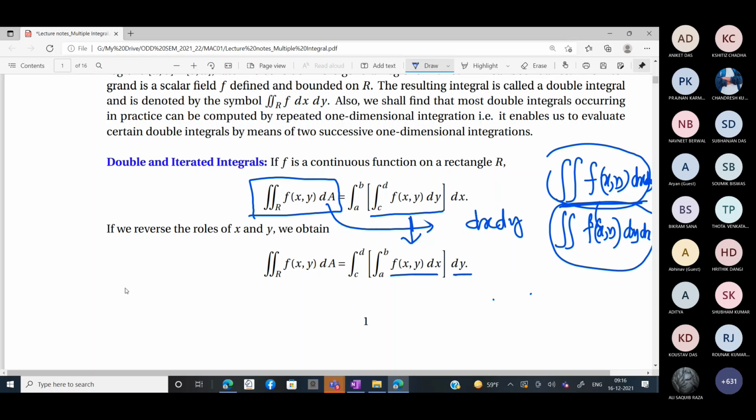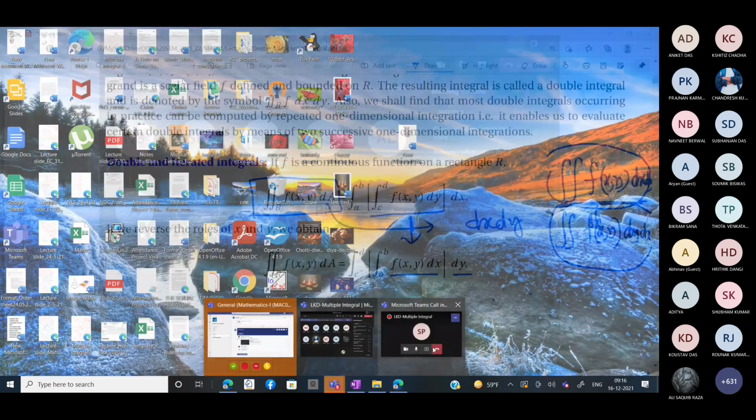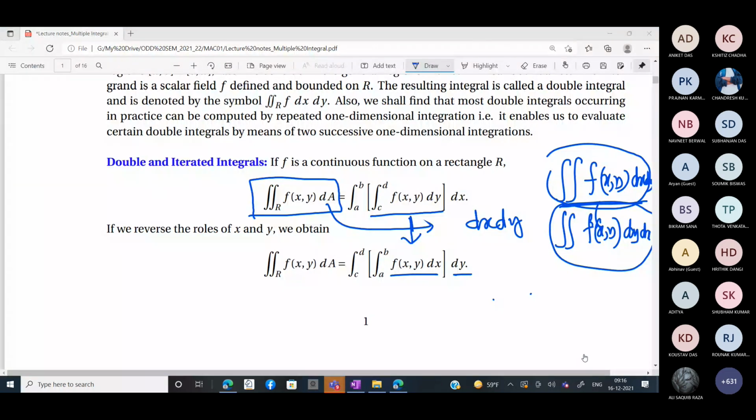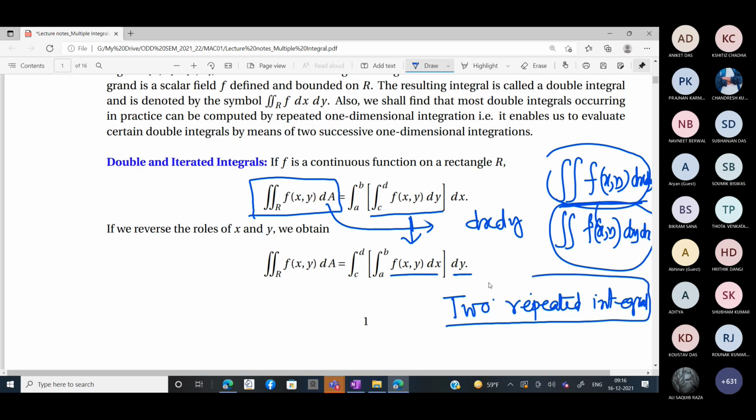So there are only two possibilities in this case.